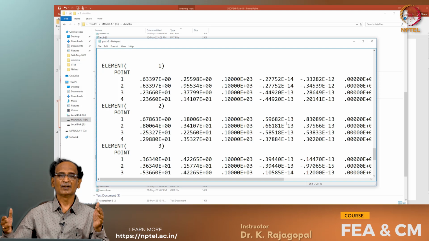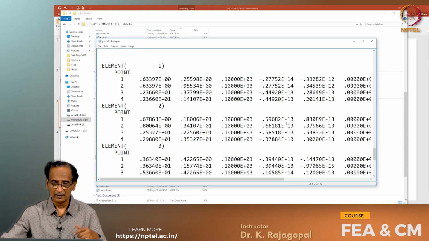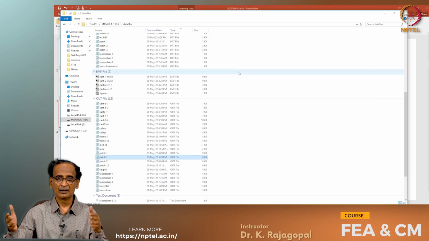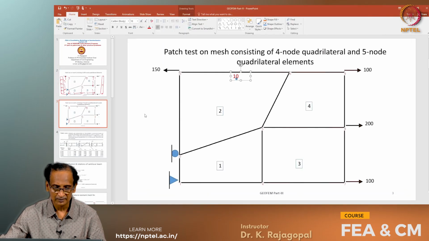So, we can say that even a combination of 4 node and 5 node quadrilateral elements is able to pass the patch test. So, we should expect the monotonic convergence by using this type of elements.